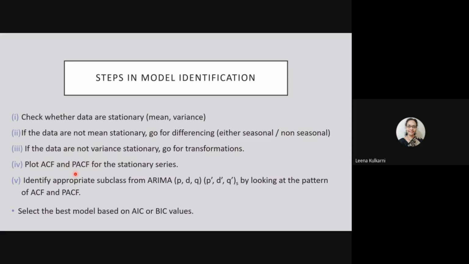Once the data becomes mean and variance stationary, as we have already seen in the definition, the correlations or the covariances will depend only on the lags. Wherever the dependence is very high, those correlation values will be high, and that will tell you which lag values yt depends on.